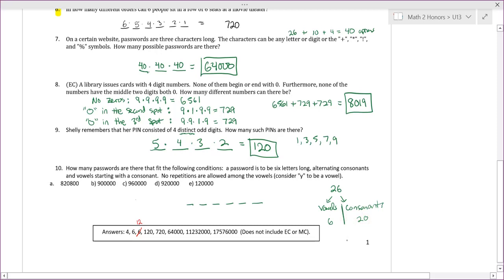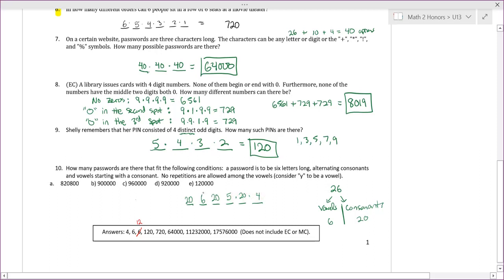So I'm going to start with a consonant, which is, I got 20 options. And then I get to a vowel, which there are 6 options for a vowel. And then a consonant, which I can repeat, so I got 20 options. And then a vowel, which I can't repeat, so I already used 1, so now I have 5 options. And then a consonant can repeat, and then a vowel you can't repeat.